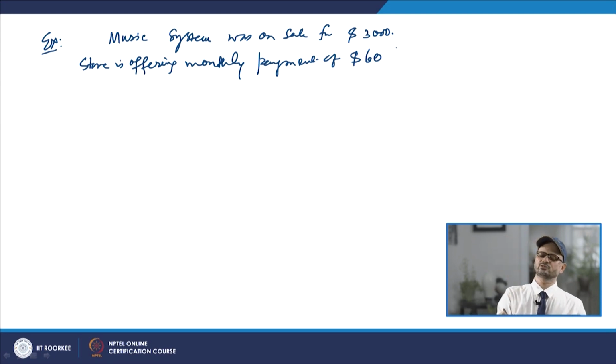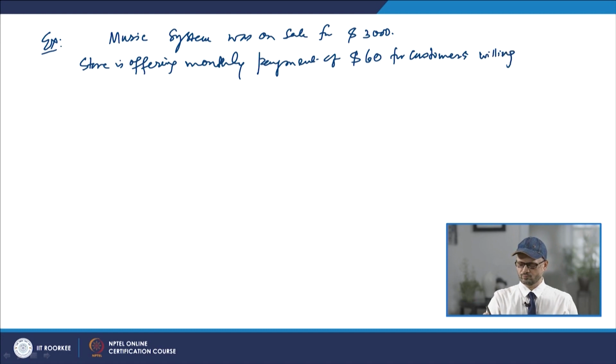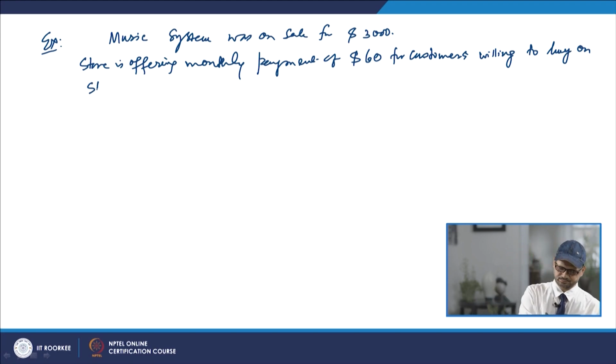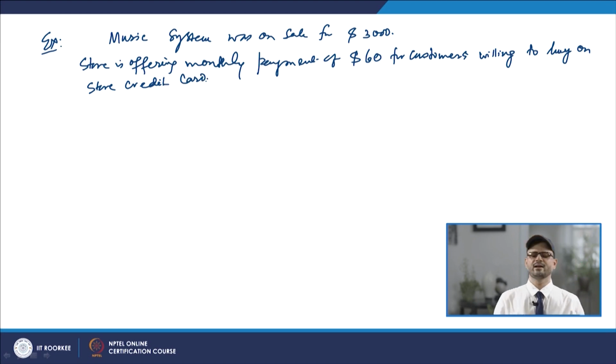This is for customers willing to buy on the store credit card. So, the store is basically issuing a credit card, and if you try to purchase this system of $3000, then it is offering that you only pay $60 every month for that.